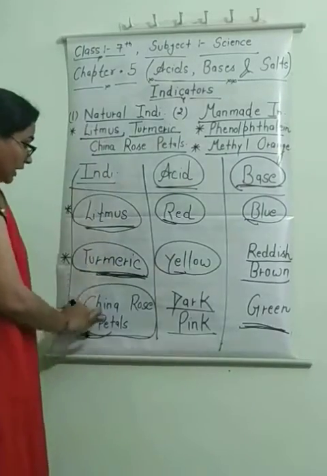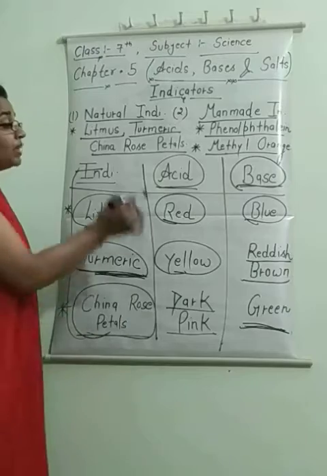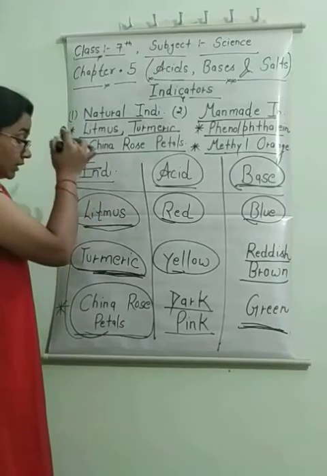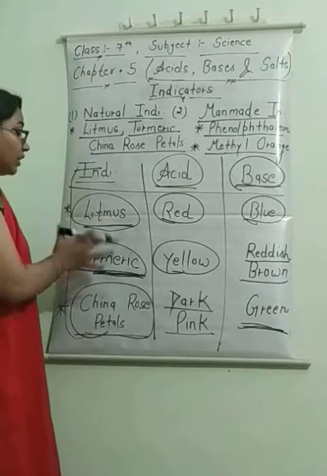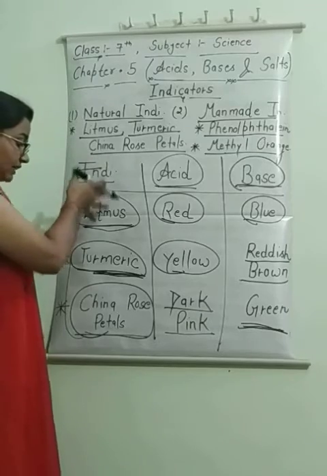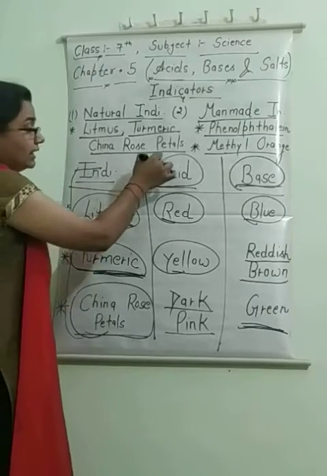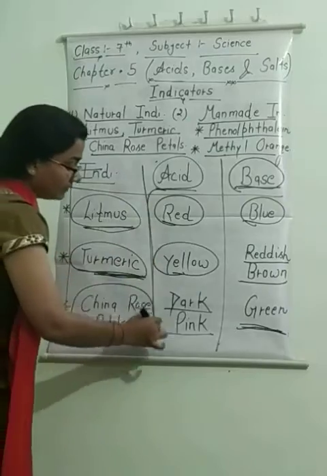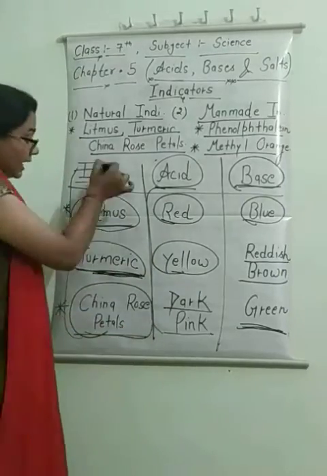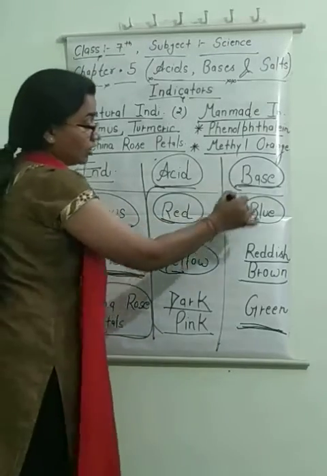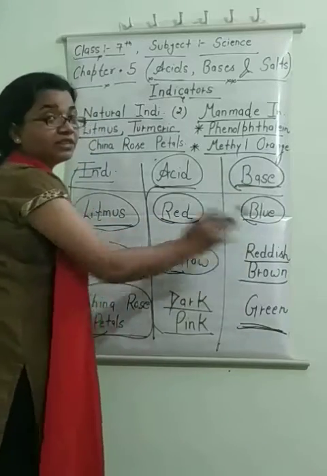They all have their own color, and if they come in contact with any type of acid, then definitely they will give these colors, and if they come in contact with any base, they will give these colors.